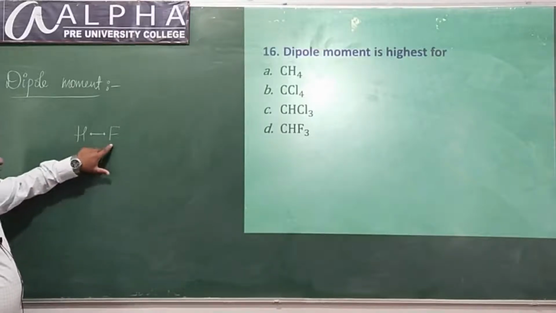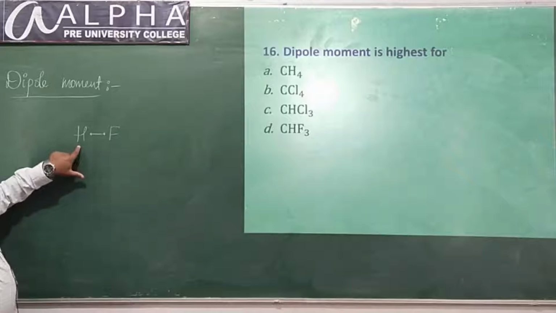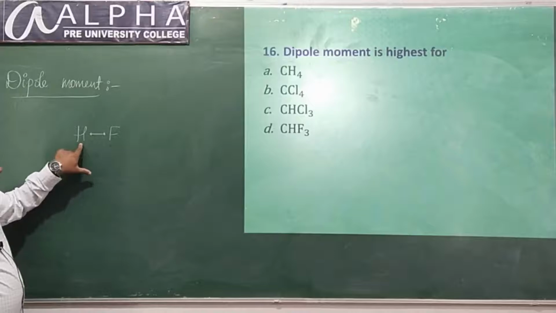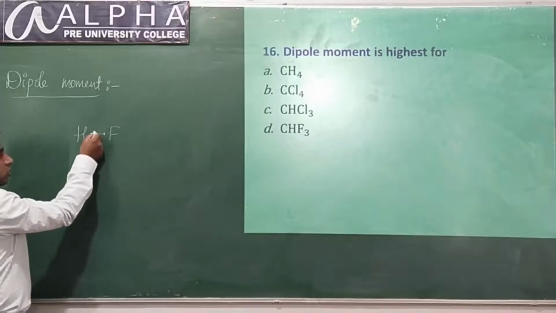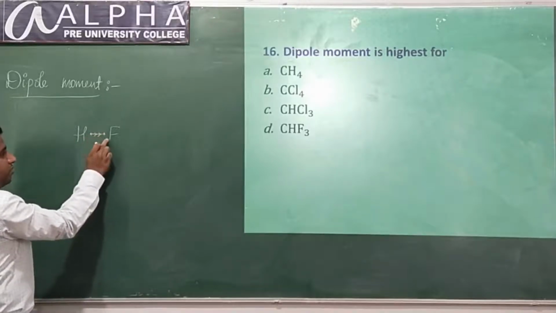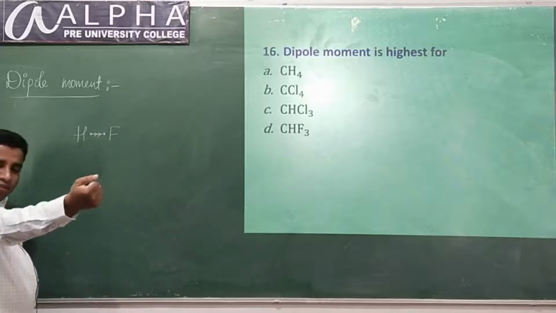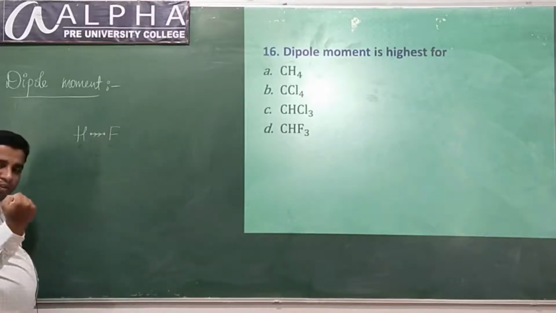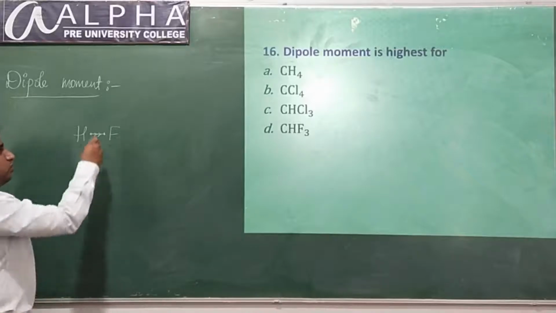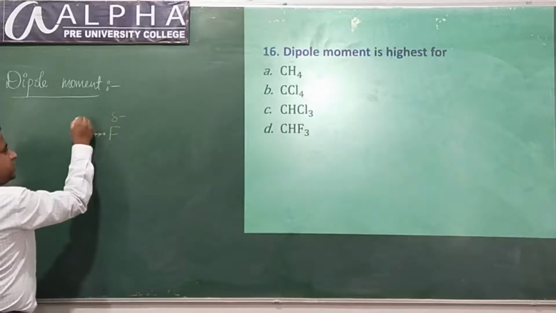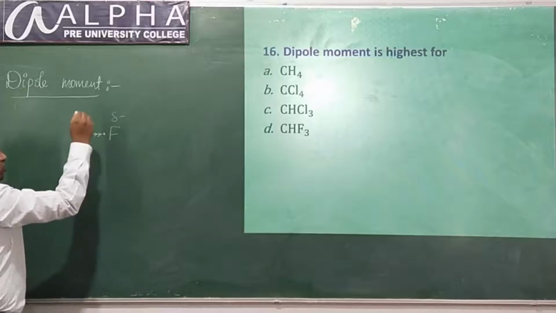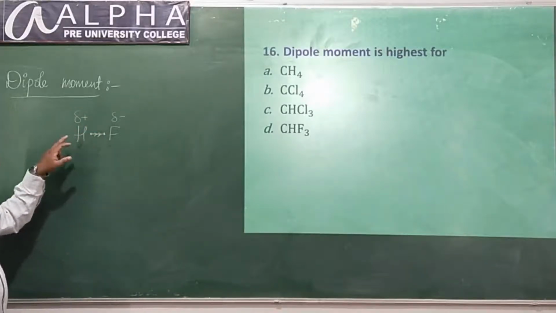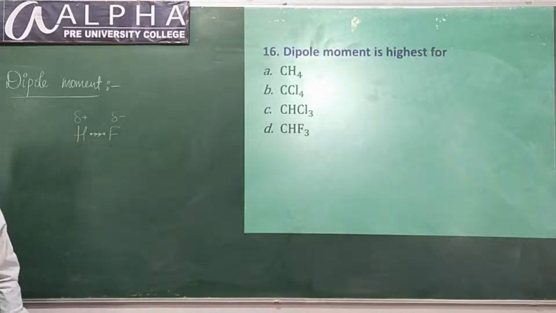Since fluorine is more electronegative, it will withdraw the shared pair of electrons towards itself. Fluorine will get a partial negative charge and hydrogen will get a partial positive charge.